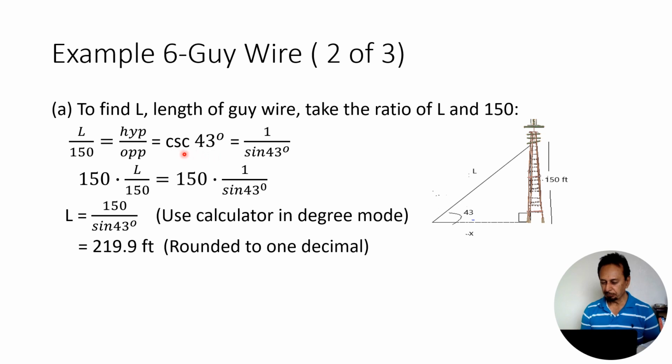And cosecant 43 is the reciprocal of sine 43, so we have 1 over sine 43. So we have L over 150 equal to 1 over sine 43 degrees. To solve for L, multiply both sides by 150. The 150 cancels, giving L equal to 150 over sine 43. Now put this in the calculator, degree mode, and round it to one decimal place. This should come out to 219.9 feet.